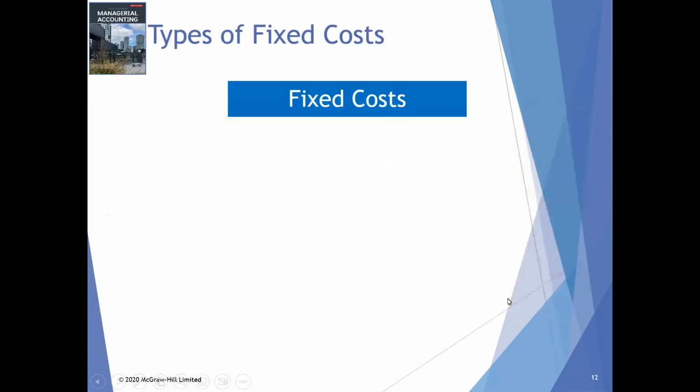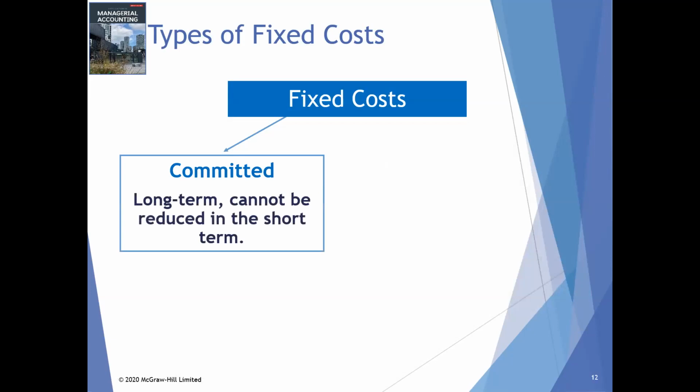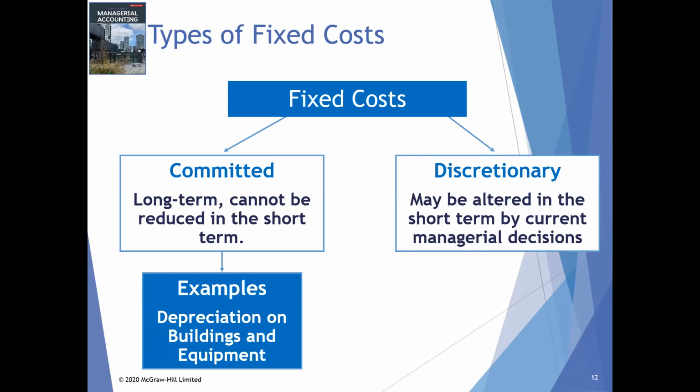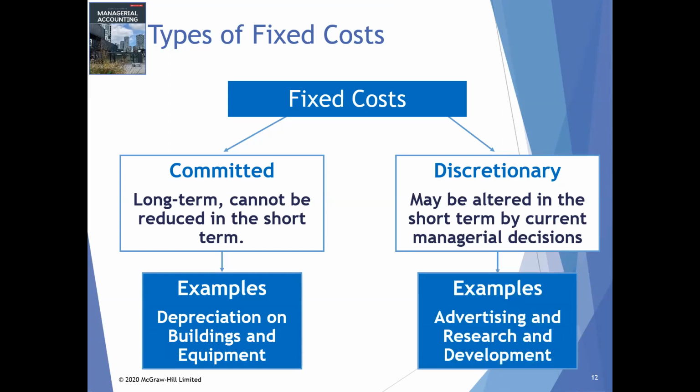Okay, now if we talk about the types of fixed costs, we have two kinds. The first fixed cost is committed, the second is discretionary. If we talk about the committed one, it means long term, and it cannot be reduced in the short term. For example, depreciation, every year we charge depreciation. Depreciation is determined by the accounting standards, maybe by the experts, maybe 10% or 20% or 30% on different items.